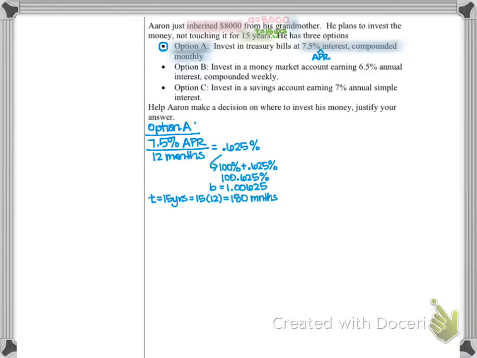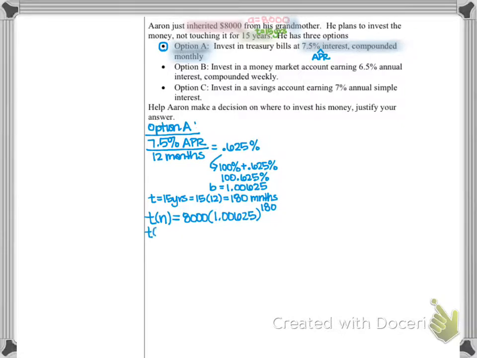All right, now that's my T. Okay, I think I'm ready to write my equation now. So T of N is equal to however much money he got from his grandmother, $8,000, the multiplier that we figured out, 1.00625, and the number of months he's going to leave it in the bank.